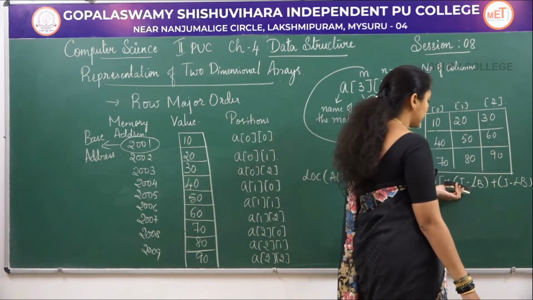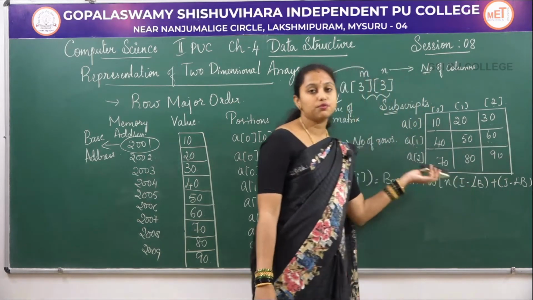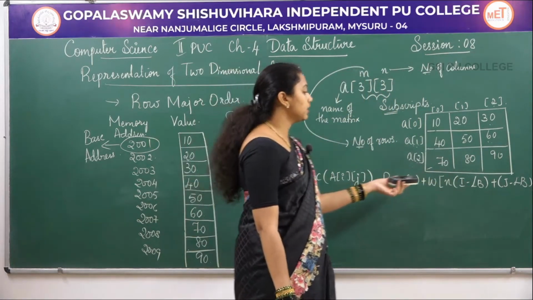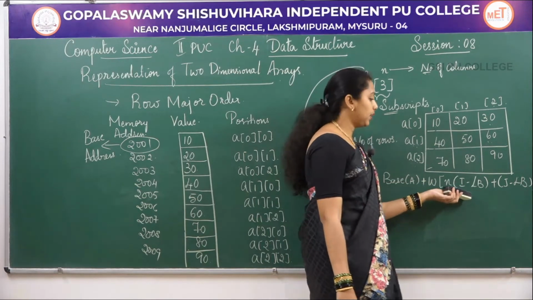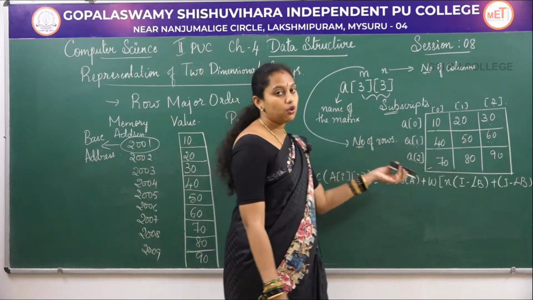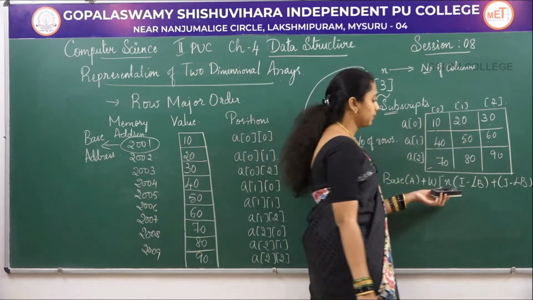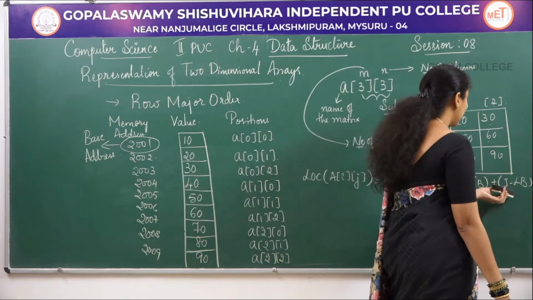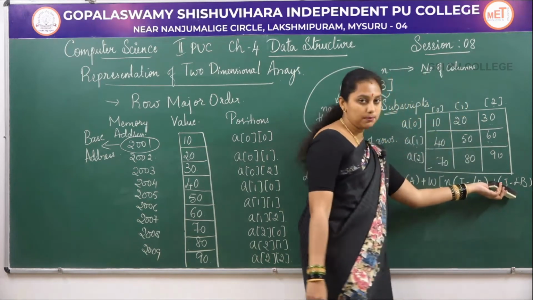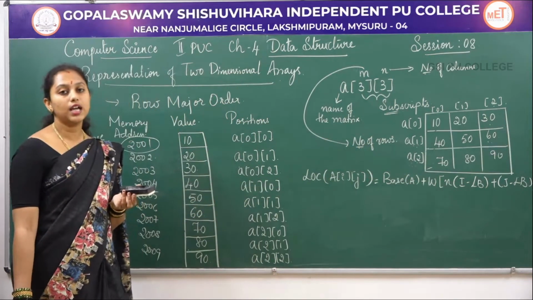And I represents the row subscript to which we want to find the address, and LB is the low bound subscript. What is the low bound subscript? The low bound subscript is 0. Next, J. J is nothing but the column subscript to which we have to find the memory address.